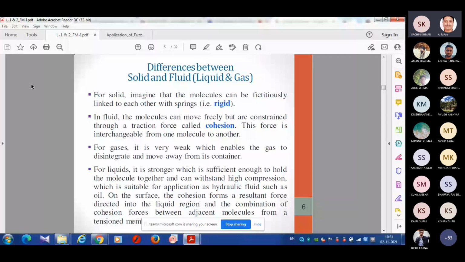Adhesion may be between two different liquids, or between a liquid and a solid. For example, if you put some liquid in a glass jar, you will see the fluid sticking to the glass surface of the jar.